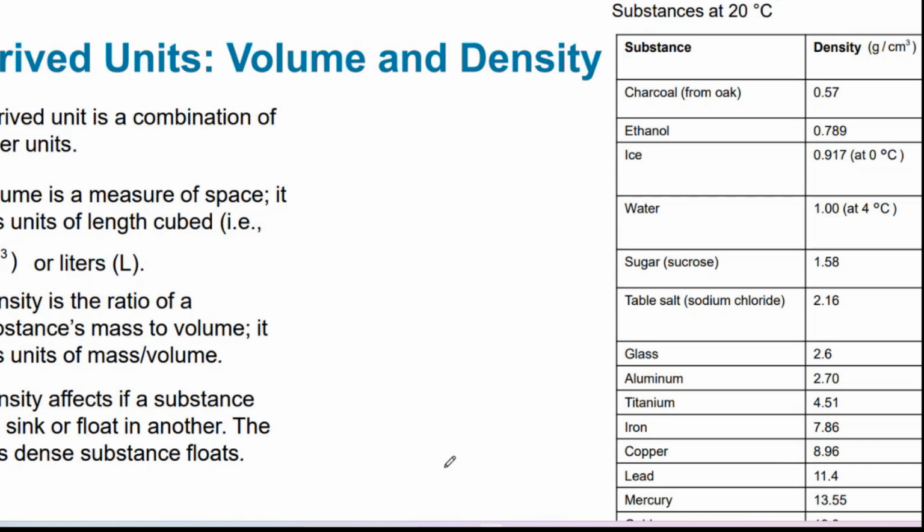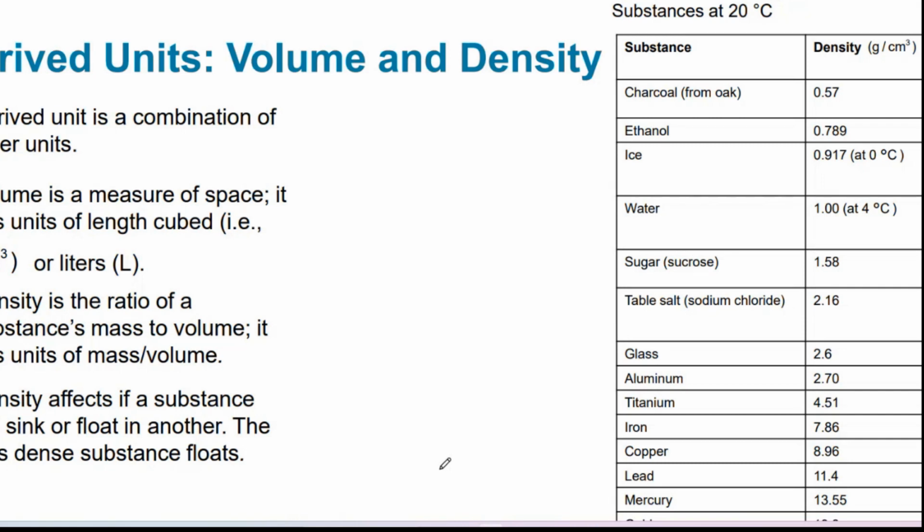Okay, so we use density a lot. Derived units are a combination of other units. Okay, and we're going to talk about the fact that derived units actually are limited by the number of significant figures in them. So we're going to talk about that a little bit later on.